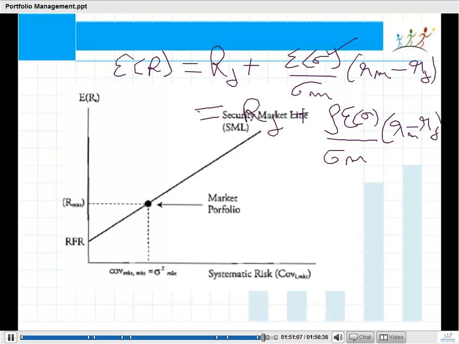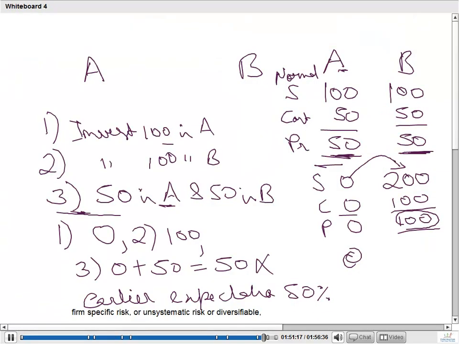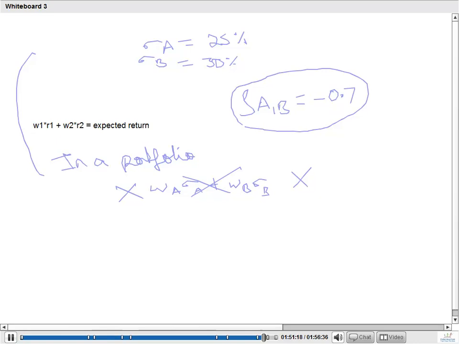So the total risk, which is given by sigma, is broken into systematic risk, which is rho into sigma, and unsystematic risk, which is 1 minus rho into sigma.